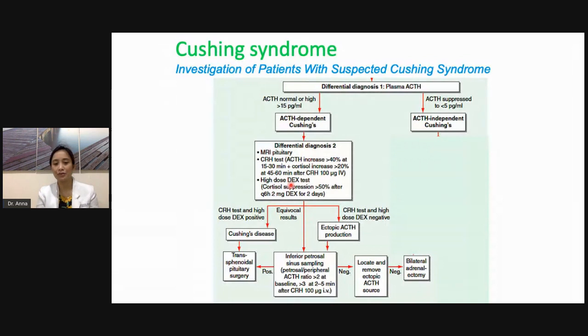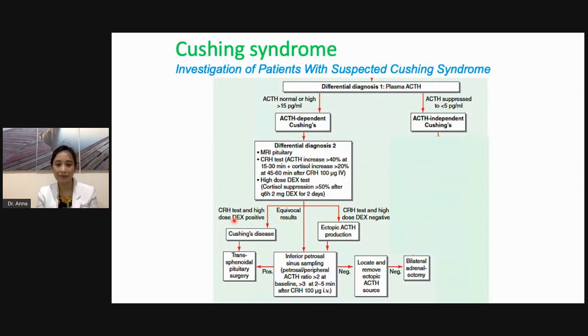You give a high dose. It's similar to your 1 milligram dexamethasone suppression test, but you give dexamethasone at a higher dose, and supposedly it should override the pituitary adenoma that's causing the excess ACTH production.